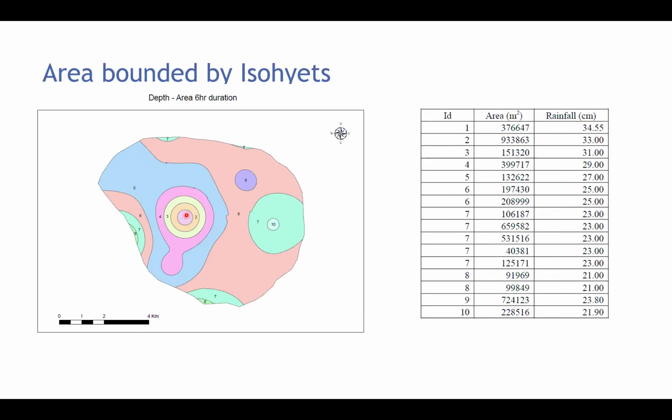Okay, and again, if I take this particular area, the average depth I want to calculate. That means the average depth will be depth of rainfall into A1 plus depth of rainfall into this area, let us say it is A2, divided by sigma A, that is my A1 plus A2.